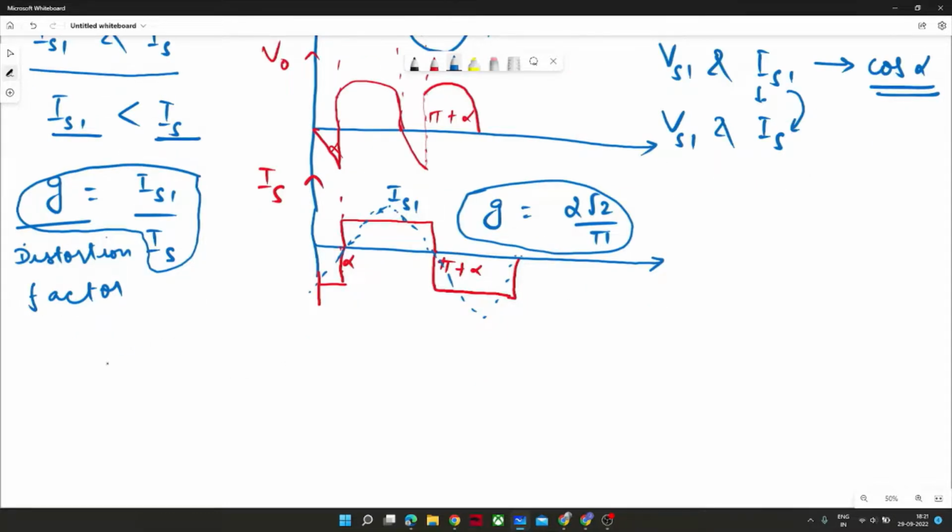So IS1 is the sinusoidal one, and if you see this, how to calculate the Fourier series of this square wave. Let me show you this.